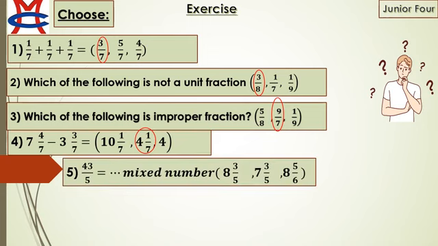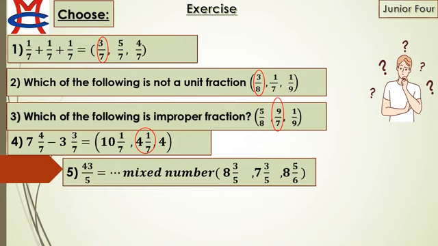Number 5, 43 over 5 equals what mixed number? In this example, we want to change from an improper fraction to a mixed number. What's the meaning of mixed number? Whole plus proper fraction. 43 over 5, we want to change into a mixed number. How?